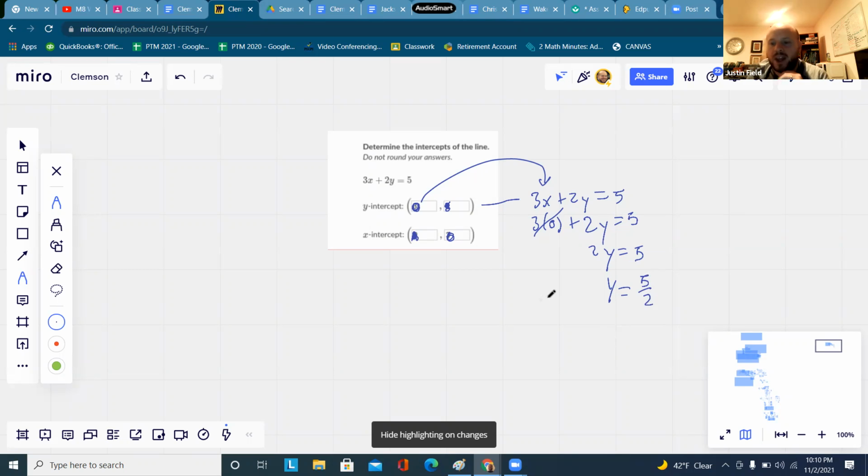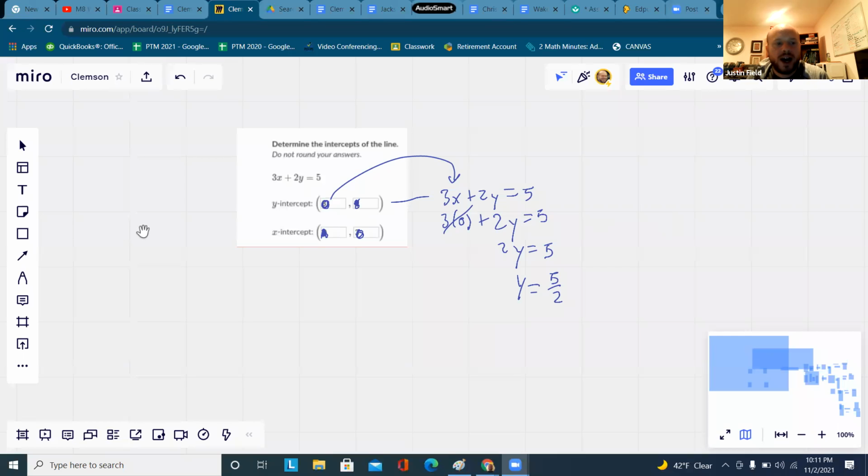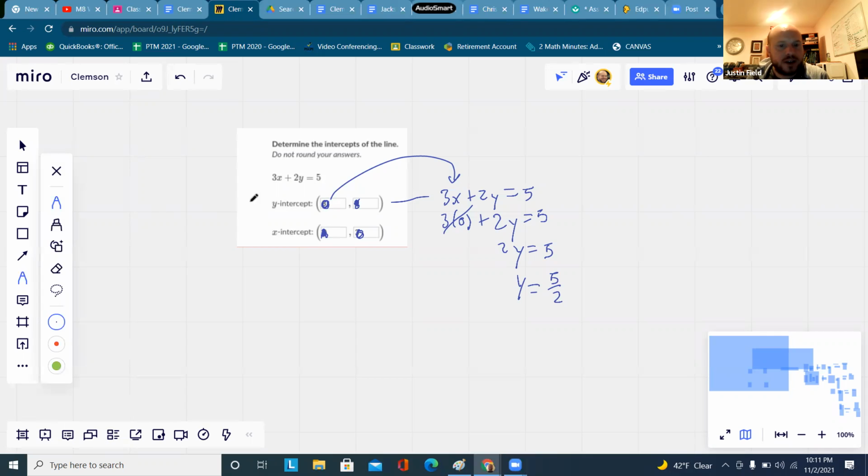Okay, so that's that. The x-intercept is here. Let me delete everything here. Okay, so the y-intercept is (0, 5/2).